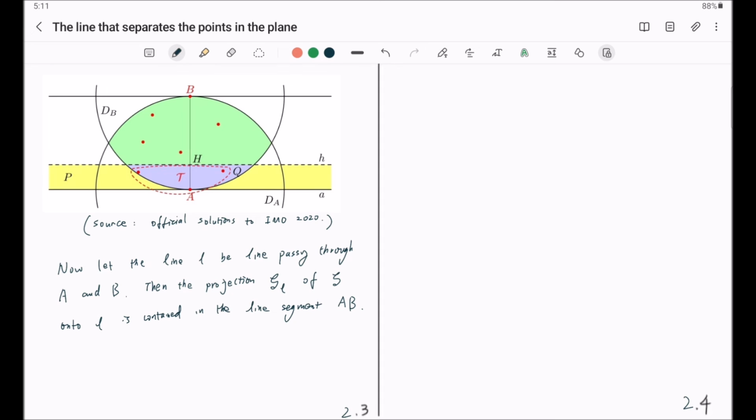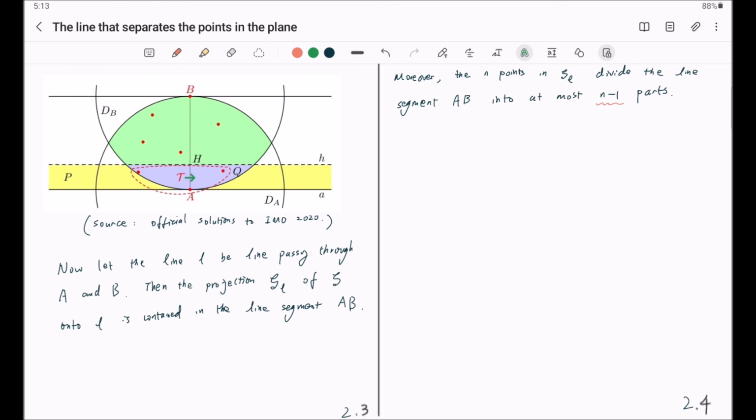Moreover, now here's the important part. The endpoints in S of L divide the line segment AB into at most n-1 parts. Why n-1? We have n endpoints, but 2 of them are precisely A and B. They will not contribute to this division of the line segment AB.